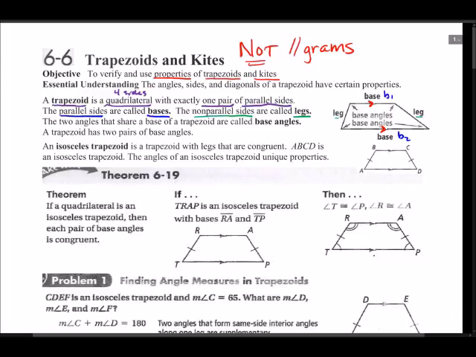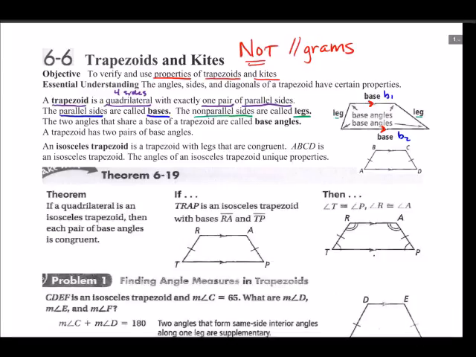Now it doesn't matter where your parallel sides are, they are always the bases. So if your trapezoid is facing the wrong direction, use those opposable thumbs and turn that paper so that your bases are on top and bottom so that it looks like your diagram. Don't let it hassle you.